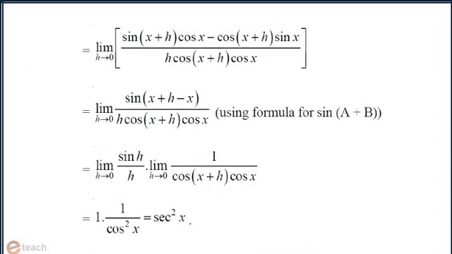Then on taking the LCM and then using the formula for sin(a plus b), we are left with limit h tends to 0, sin h divided by h into limit h tends to 0, 1 by (cos(x plus h) into cos x). We finally get the answer as sec square x.